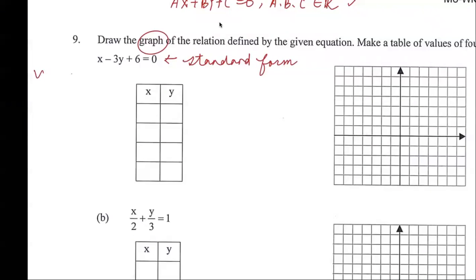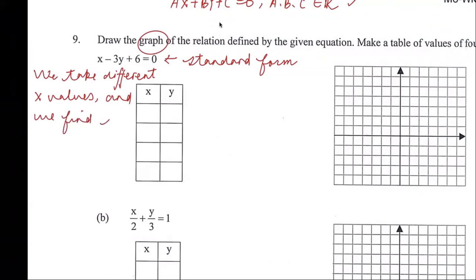So how do we do this? We take different x values and then we find the corresponding y values. Okay, and these xy pairs will be the points on the straight line.